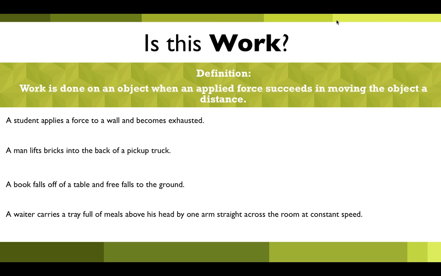Work is done on an object whenever a force succeeds at moving an object some distance. So two things have to be in place in order for work to be done: an object has to have a force applied to it, which is just a push or a pull, and that object has to move. If you don't have both of these things, you don't have work.